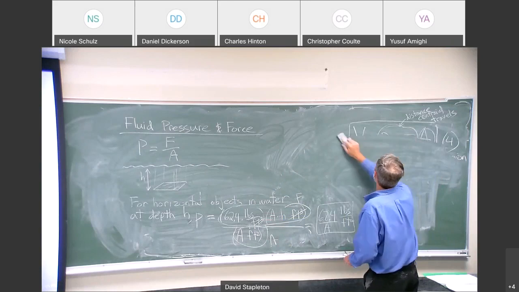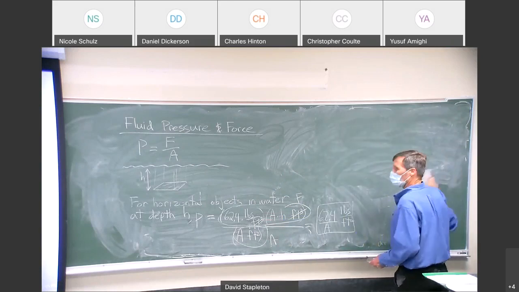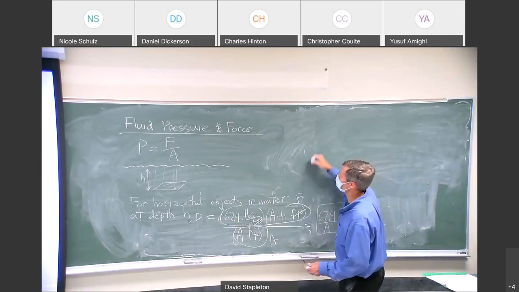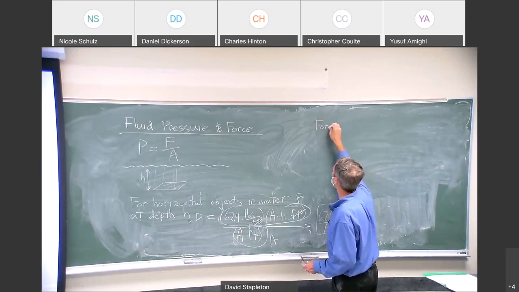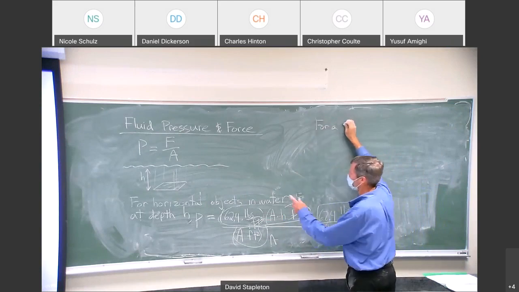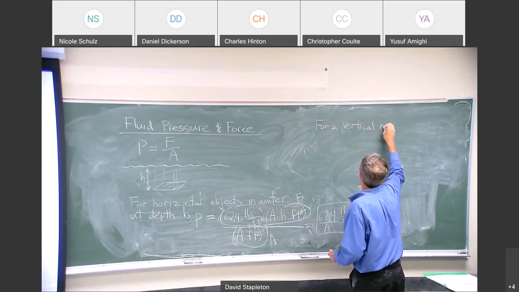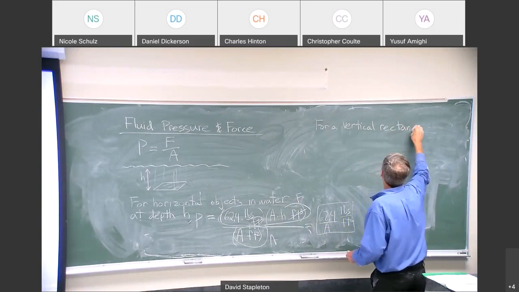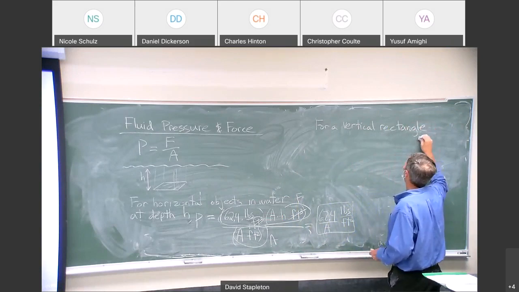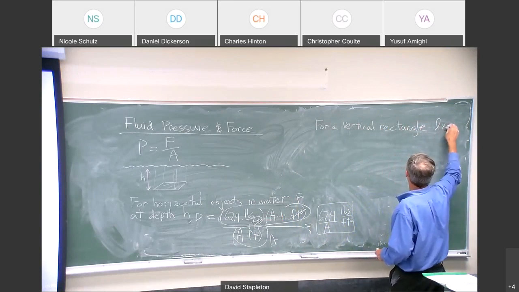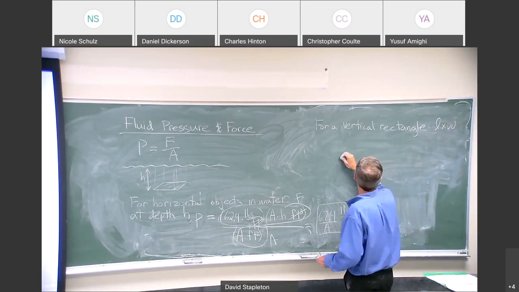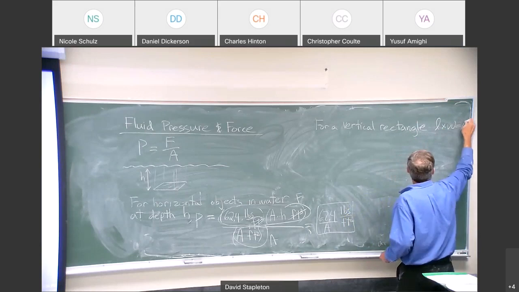But what if this thing is not horizontal in the water? What if instead it's vertical? For a vertical lamina, it doesn't have to be a rectangle. Let's just do the rectangle to be simple here. Length L times width W equals the area.